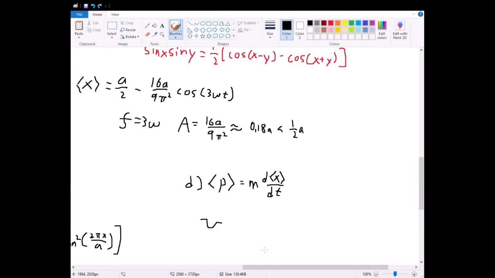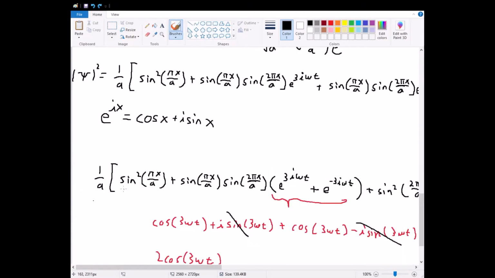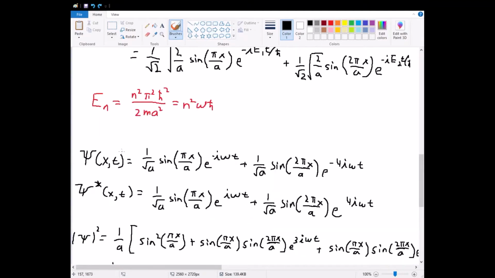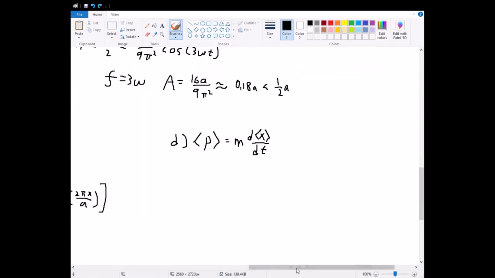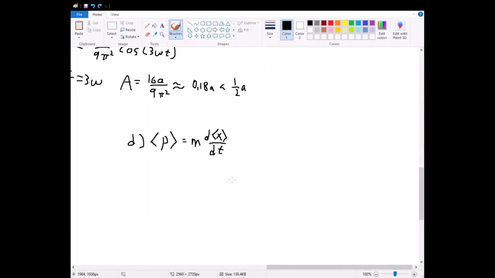In this case, we have already defined psi of x comma t right here. So we have the general time-dependent wave function, whereas in that earlier problem we were only defining psi of x comma 0, which is psi defined at one specific point in time. So in that problem, using this method did not give us a valid answer. It just gave us the trivial answer of expectation value of p equaling 0 when it didn't.